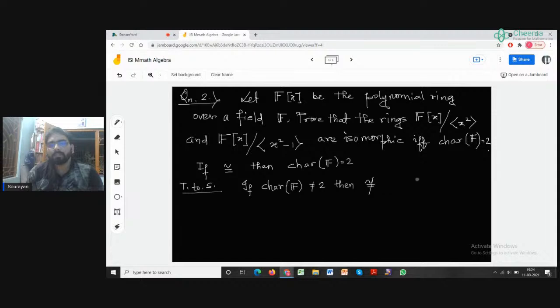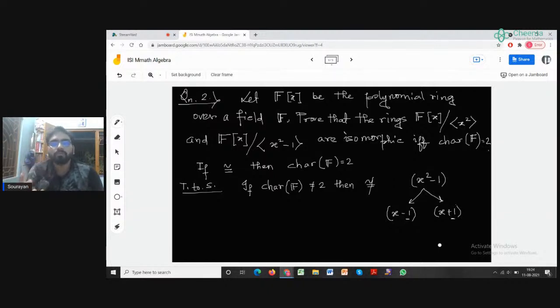As you can see, x square minus 1 practically has two linear factors, x minus 1 into x plus 1, right? And if it is not characteristic 2, then minus 1 is not equal to plus 1. What does characteristic 2 of a field mean?